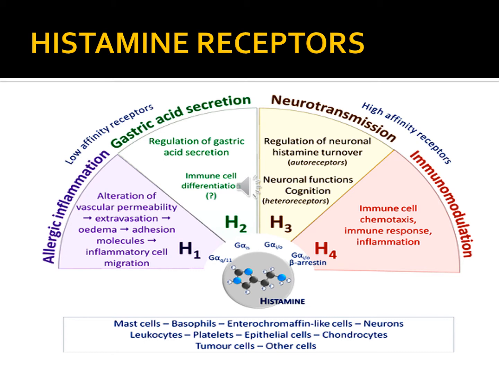Histamine activates the H1 receptor through G-alpha q/11, which then activates phospholipase C and increases intracellular calcium level. As a consequence, histamine elicits the contraction of smooth muscle of the respiratory tract, increases vascular permeability and induces the production of prostacyclin and platelet activating factor by activating the H1 receptor.